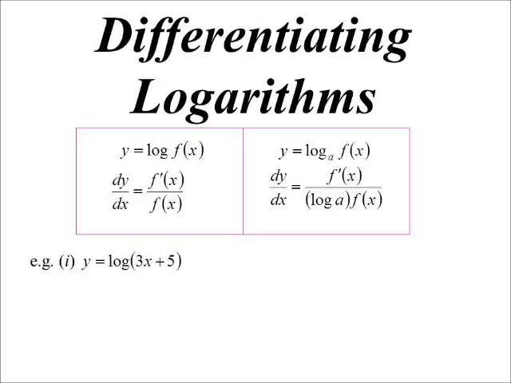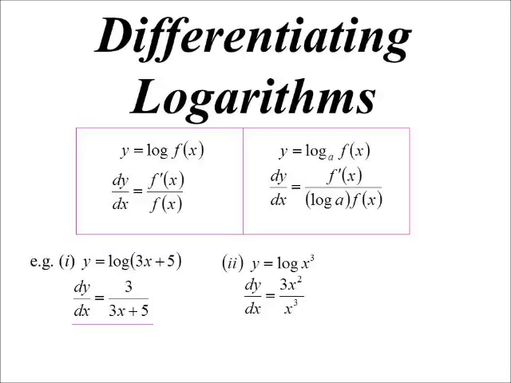So y equals the log of 3x plus 5, derivative over function. 3 over 3x plus 5. That's its derivative. Log of x cubed. There's a couple of ways you can do this. Derivative over function, so 3x squared on x cubed, and that of course tidies up to be 3 over x.